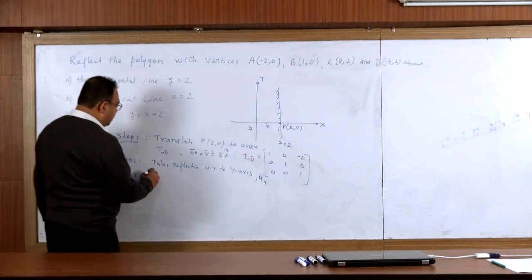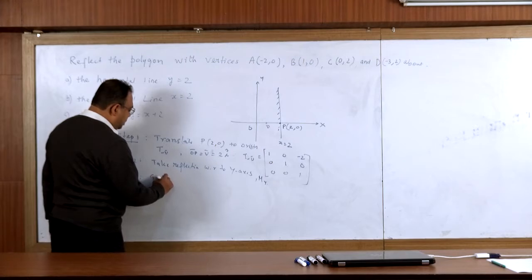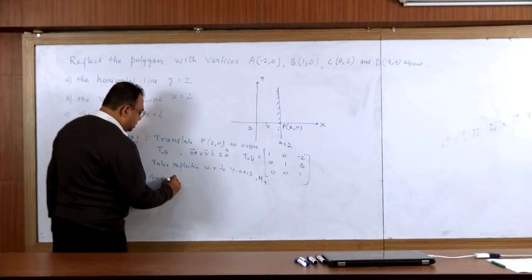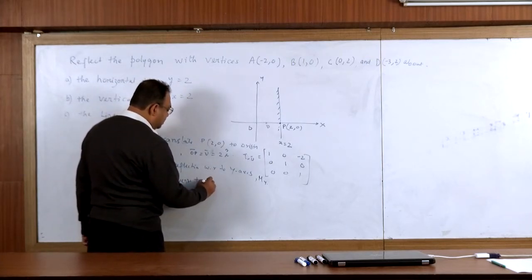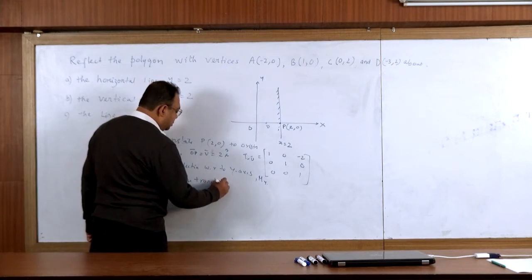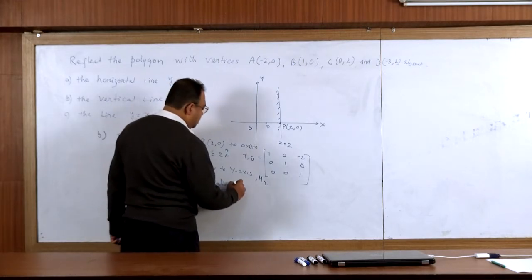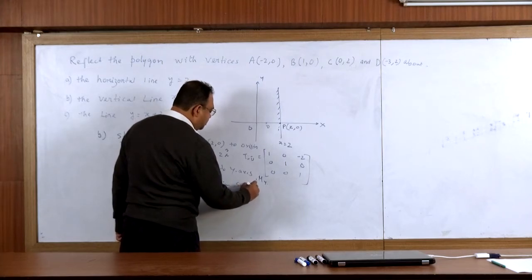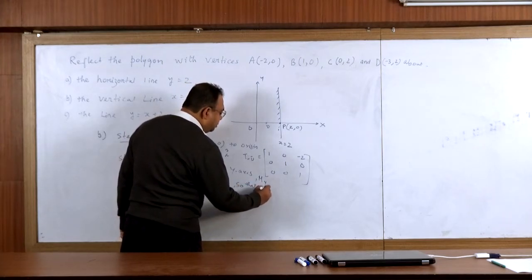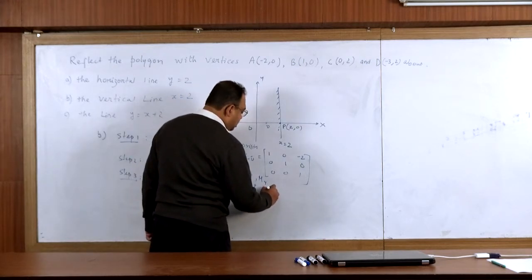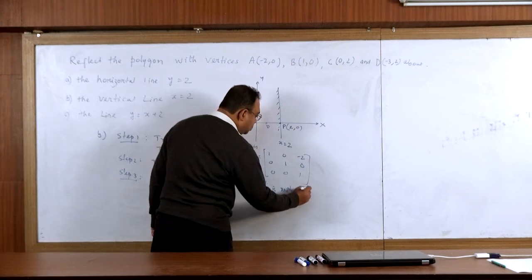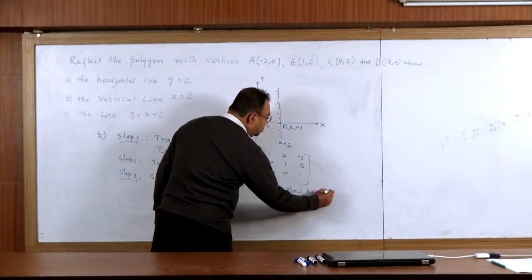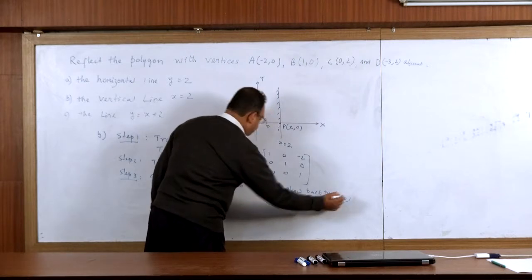So, give inverse translation so that P is restored back to 2 0.